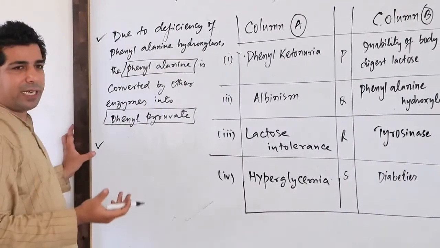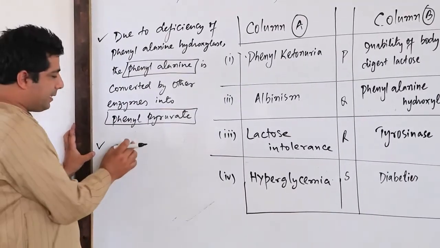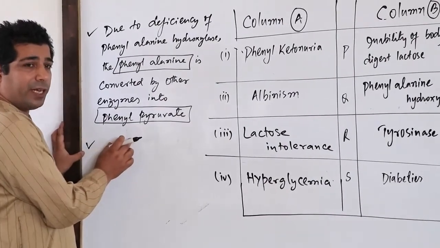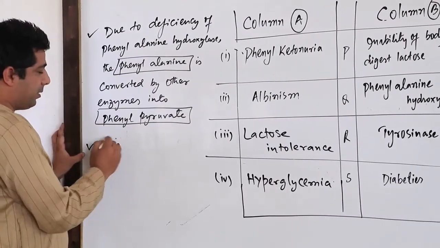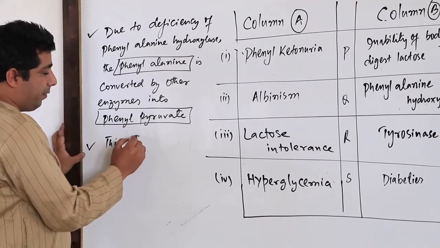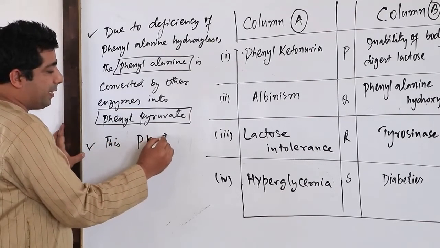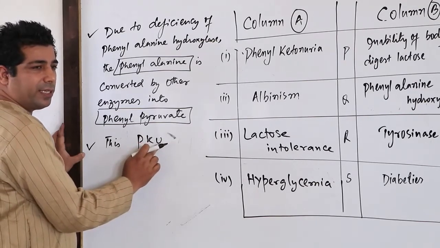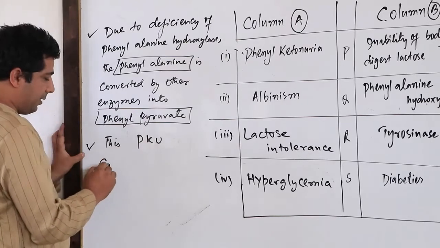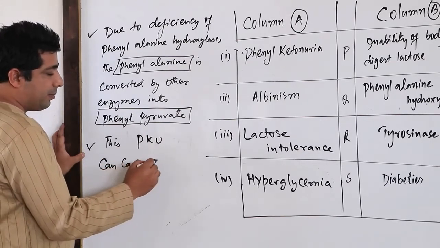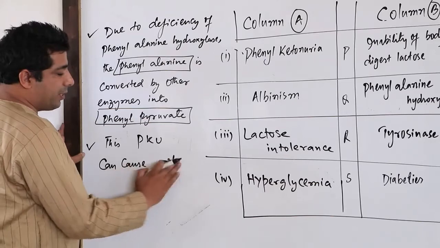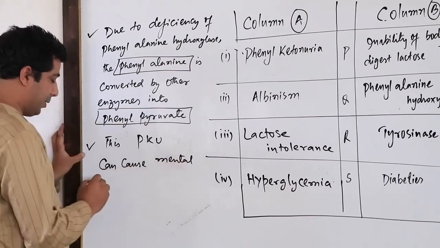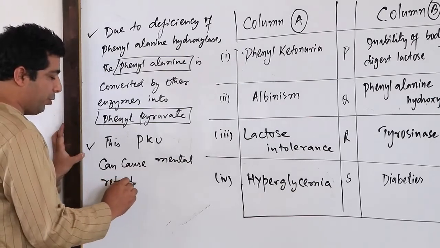So at the end of the day, this phenylketonuria disorder, please understand that this PKU is nothing but phenylketonuria disorder, can cause mental retardation in newborn babies.